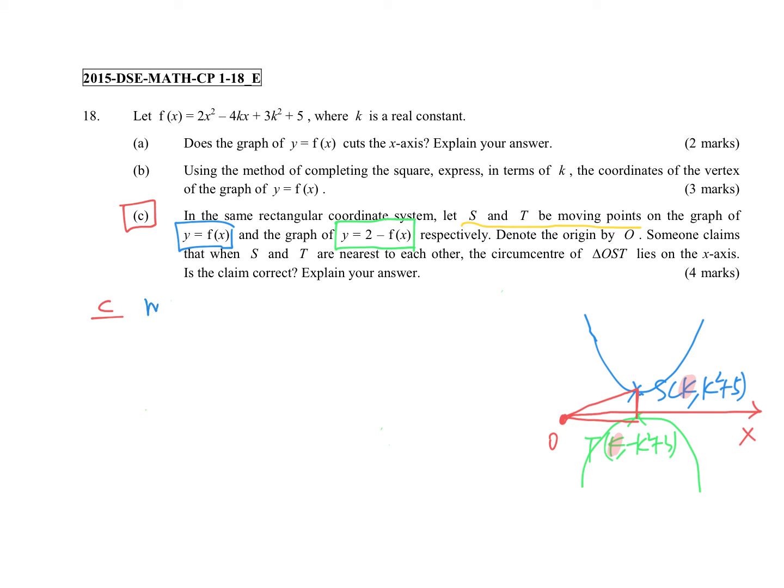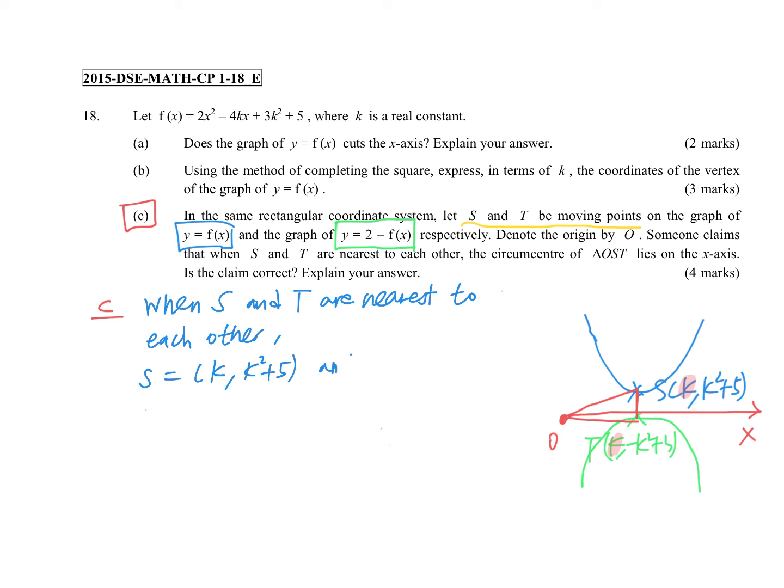So when S and T are nearest to each other, S becomes the vertex of the blue graph, and T becomes the vertex of the green graph. In this case, note that ST is vertical.